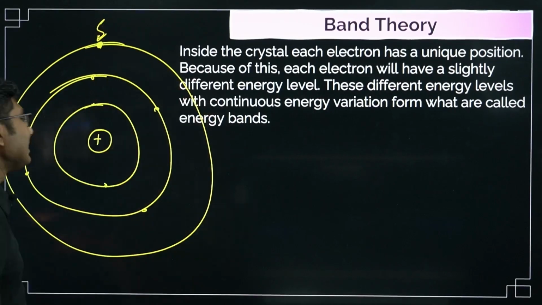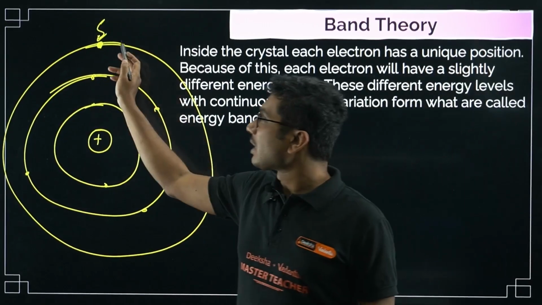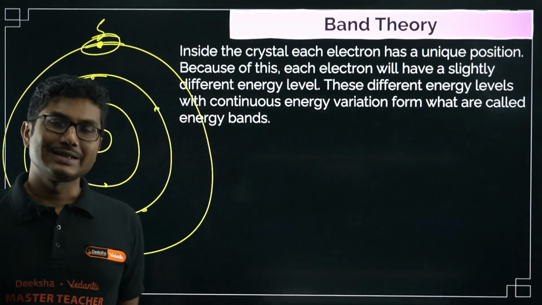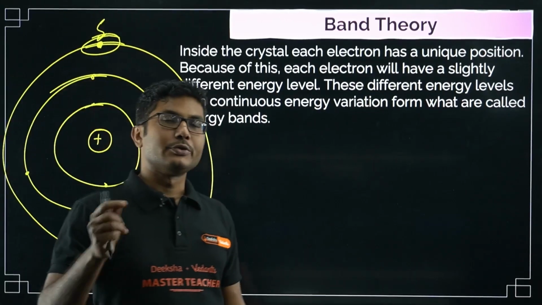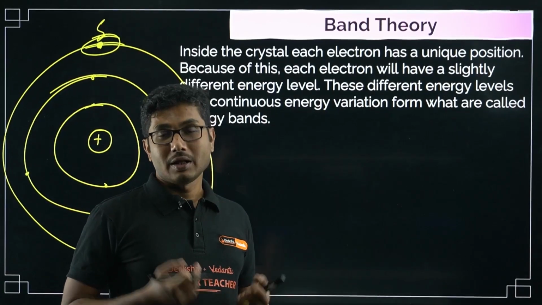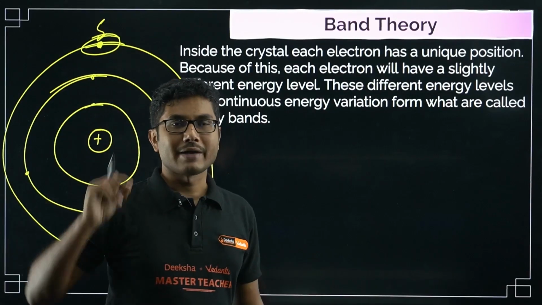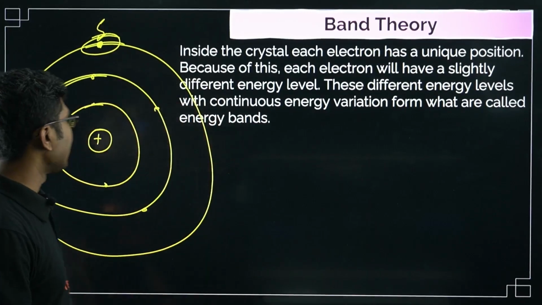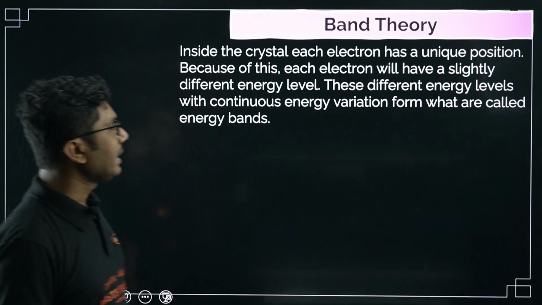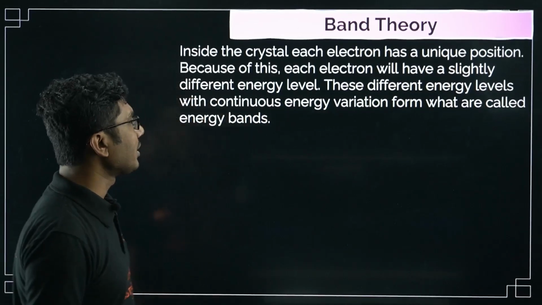But when these atoms constitute a crystal, each electron, even though they are all at the same level, same orbit, same orbital, their energy still is not the same. Inside a crystal there is a different geometry, and different logic comes into play. We are not going into that detail, but you can say that all the electrons do not have the same energy level. Their energy level varies based on where they are inside the crystal. So these different energy levels with continuous energy variation form what we call an energy band.